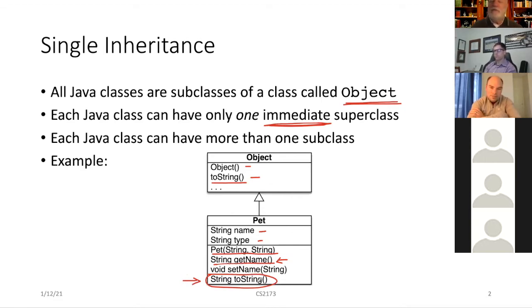Just as in your single card, if you print an instance of a card with System.out.println, it will call the toString of the single card that you defined. If you don't define a toString in single card, it'll call the one in Object. And in a later class, I'll go through in possibly excruciating detail what the Java virtual machine does when you try to invoke a method on it.